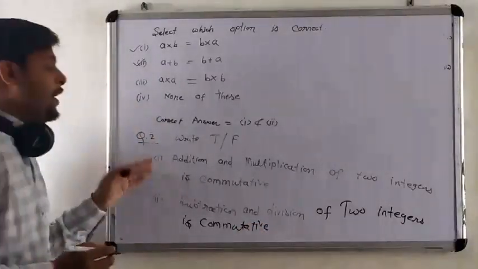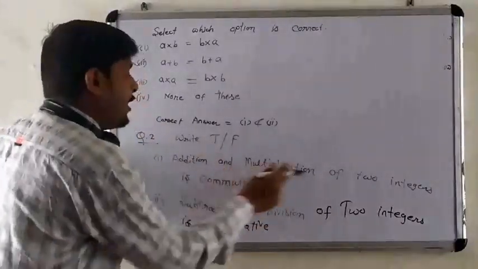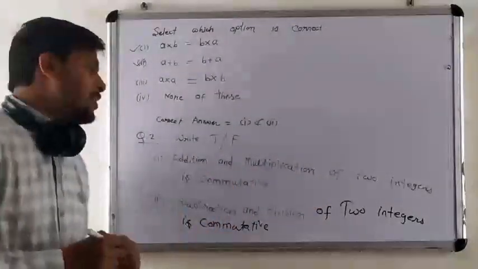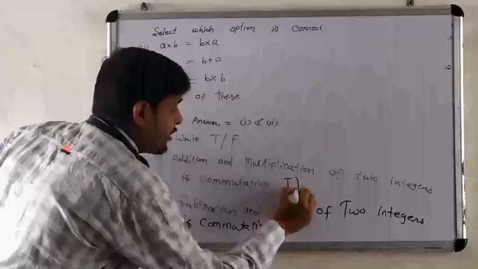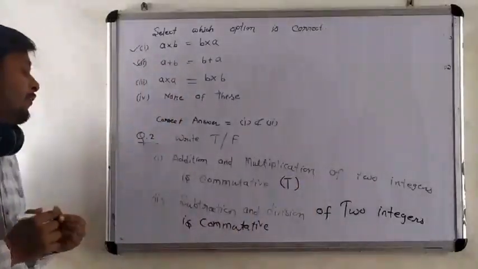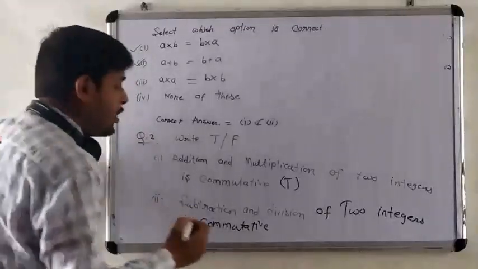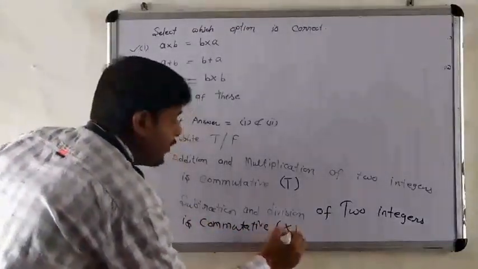We have already studied addition and multiplication of two integers is always commutative. Means this statement is true. While subtraction and division of two integers is not commutative. Means this option is false.